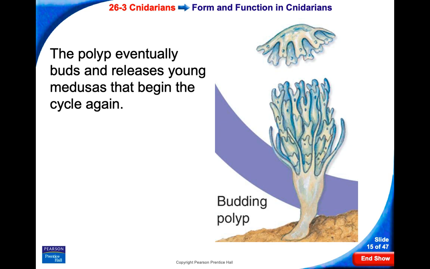Now, if you want to see the full image of this life cycle from start to finish, it is actually in your textbooks, which are under your seat. If you go to page 672 of your textbook, you can see the whole process there from start to finish.